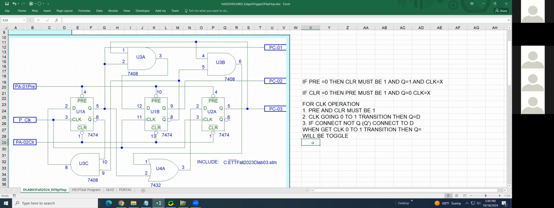If it was 0, then it goes to 1. If it was 1, it goes to 0, flipping back and forth. So you're saying when NOT Q connects to D, it's toggling. Right. That is the key point for the D flip-flop. It did nothing else.